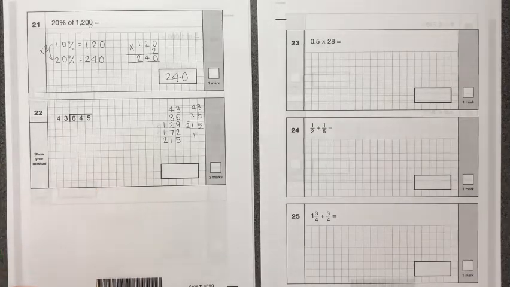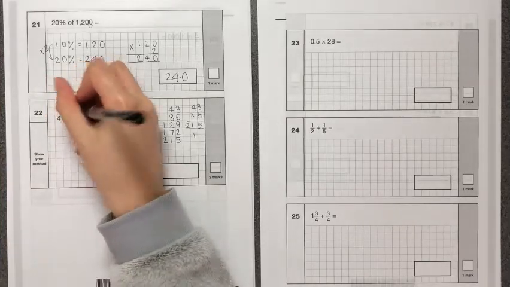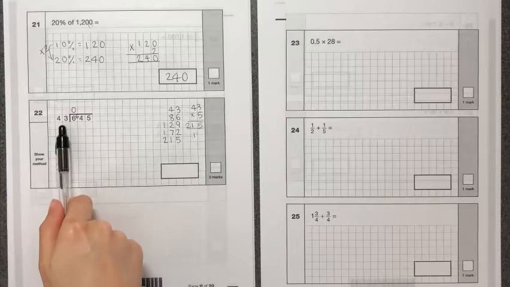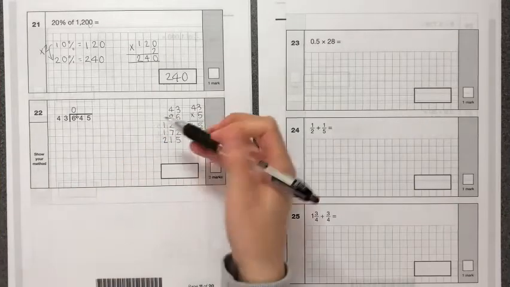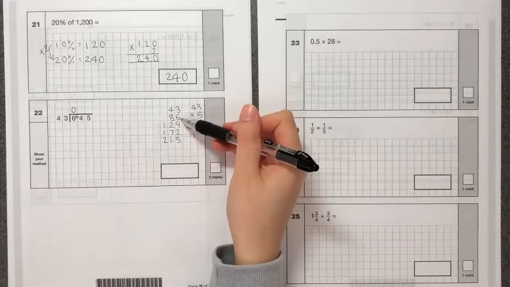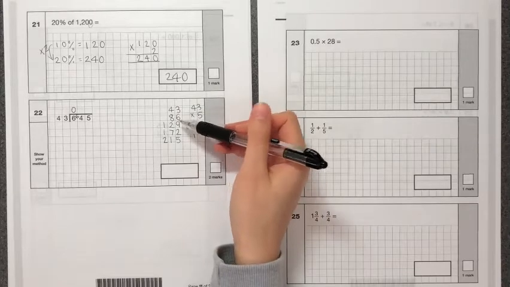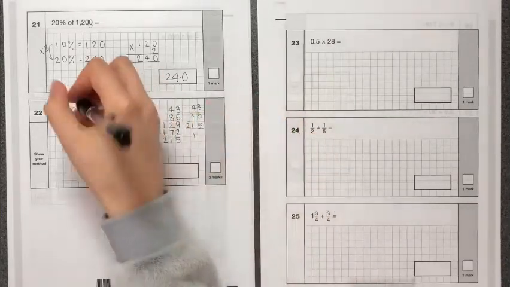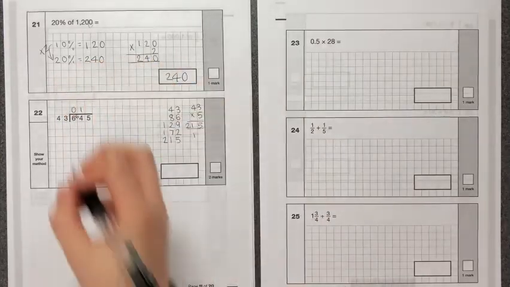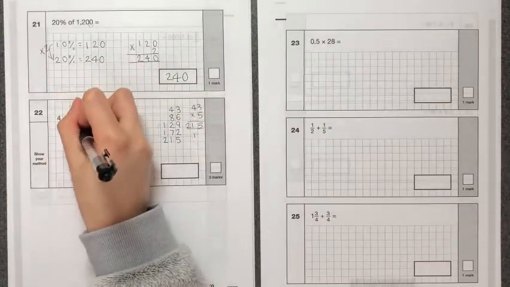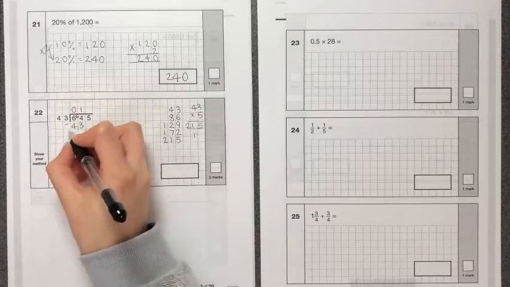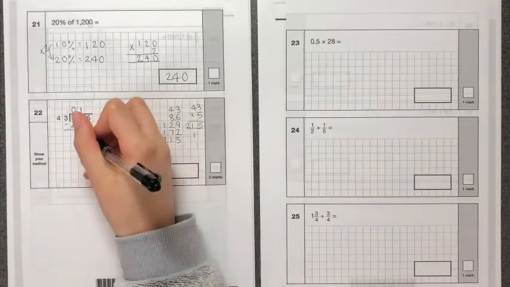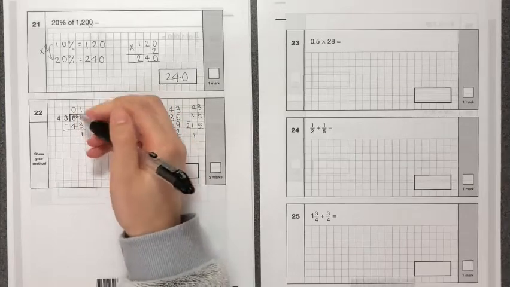43 goes into 6 0 times. Carry the 6 over. 43 goes into 64. Now we can look at our multiples. Well, it's not 2 because 86 is bigger than 64. It must be 1. If we do long division for this, it makes it a lot easier. 4 minus 3 is 1. 6 minus 4 is 2.